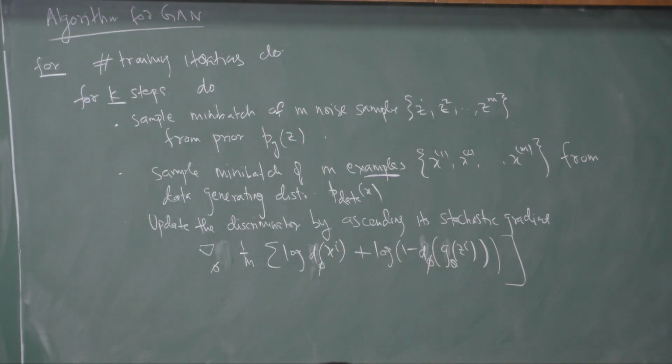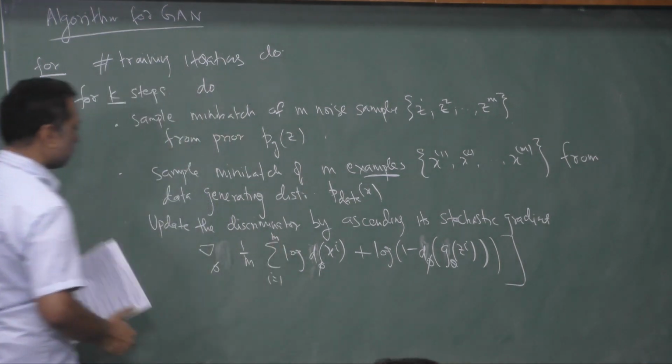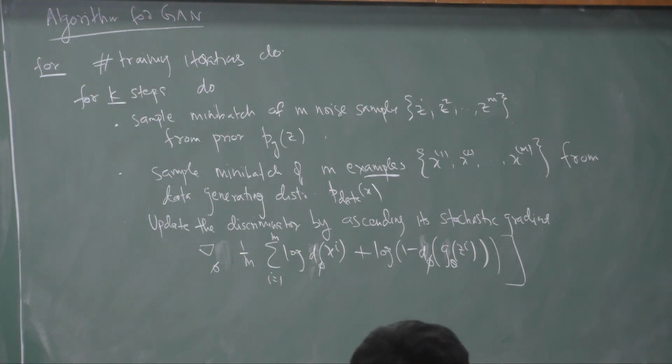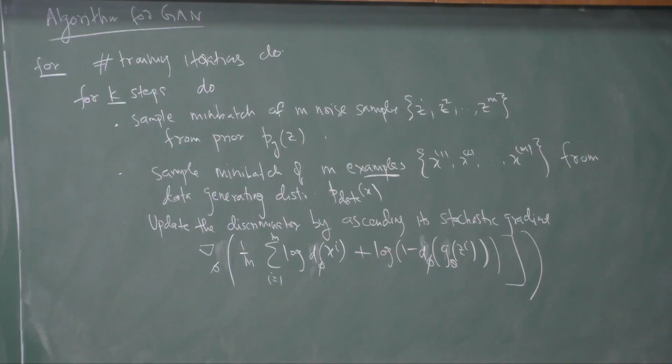Basically I have just copied over this. Since I have m examples, the expectations will be carried over those m examples. That's why we have a sum from i equals 1 to m. So this expectation term now becomes that, and this tells me that you compute the gradient with respect to phi, and gradient ascent.